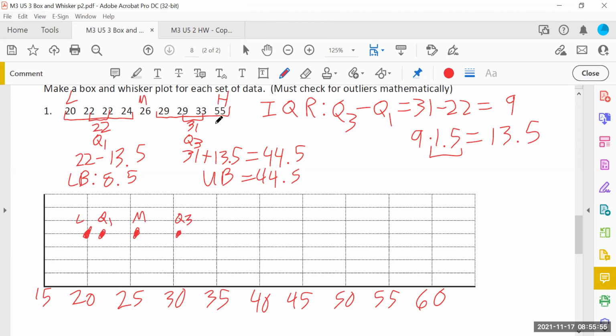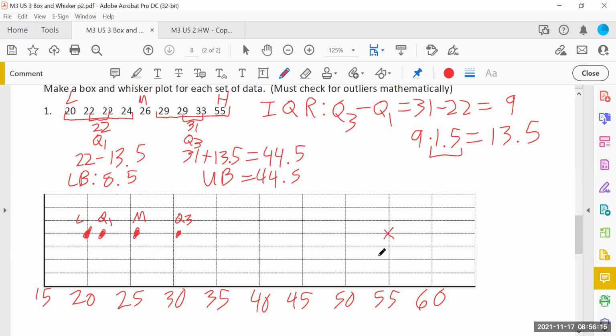And then normally, my high value would have been up here at 55. Do you all see that that is very different than the other data values now? So instead of putting that point, I'm actually going to X it out. I'm going to put an X here.